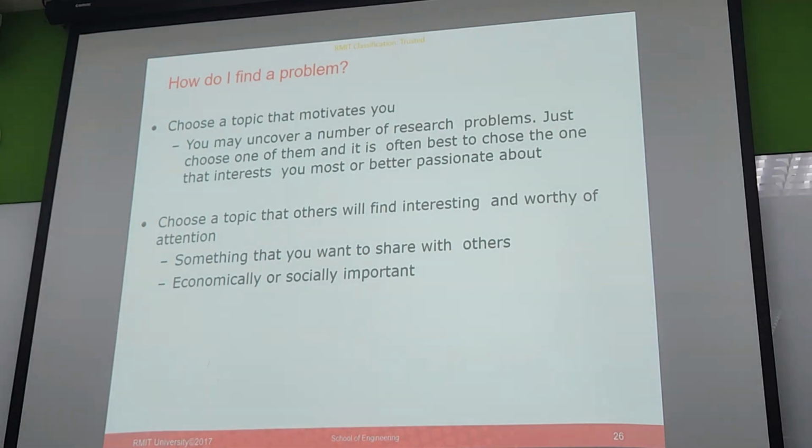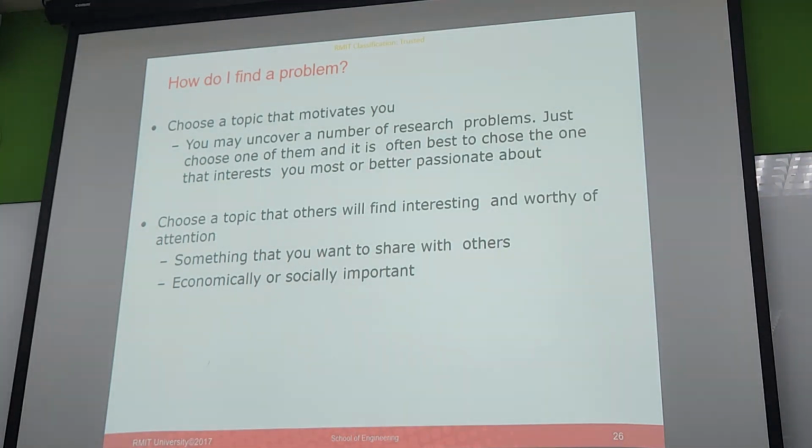You have to find it. Choose the topic that motivates you. Which one do you like? I tell you this, but you have to choose it. It's not from me. Because after maybe 1 year or 2 years, you say, you told me to research this, I wasted my time and I didn't get any result.